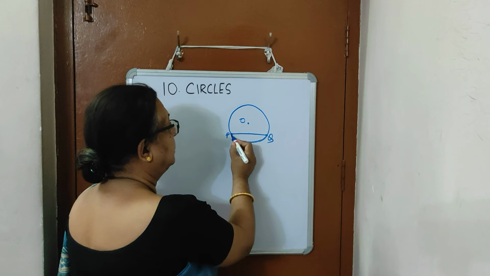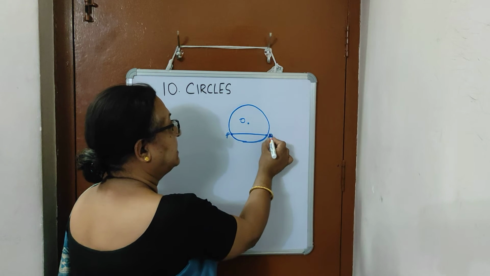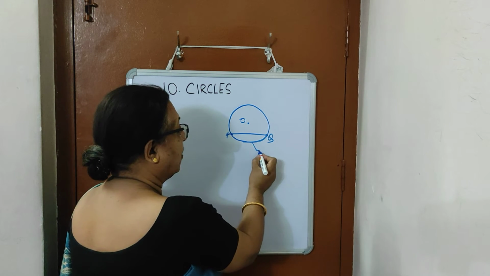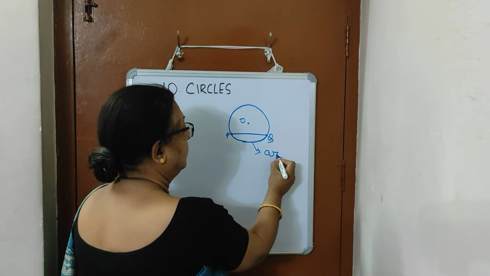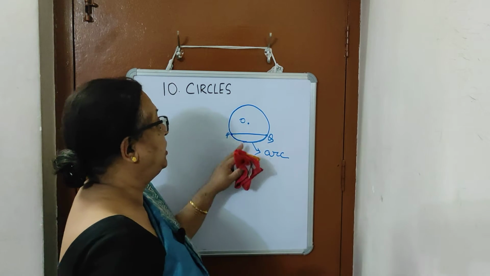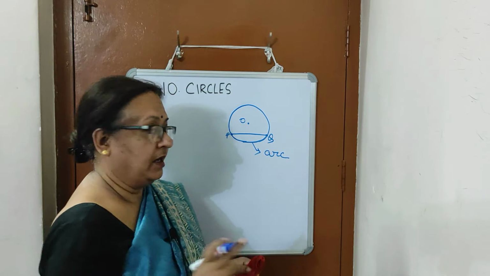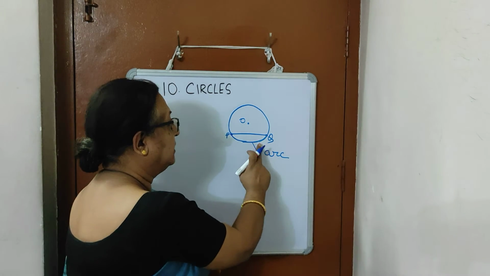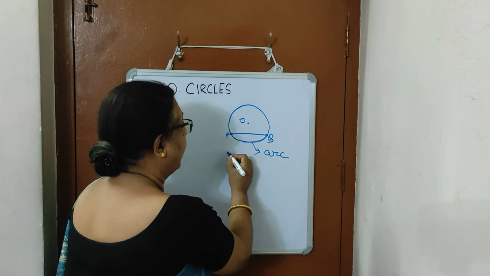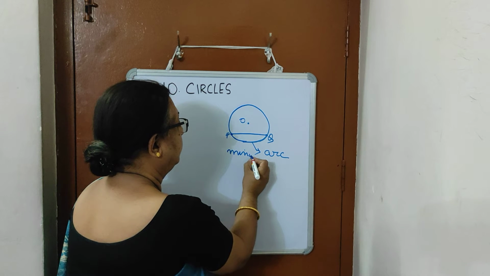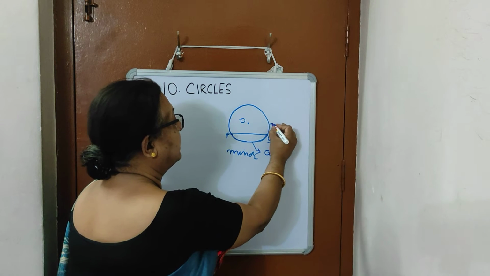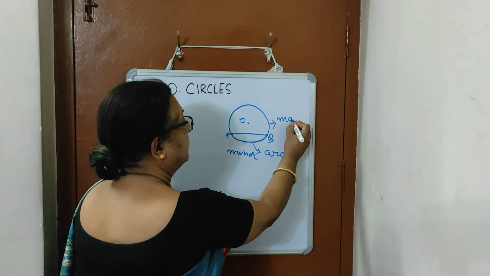This is one part and this is the second part. Each portion is called an arc. This is the smaller one, called the minor arc, and this big one is the major arc.